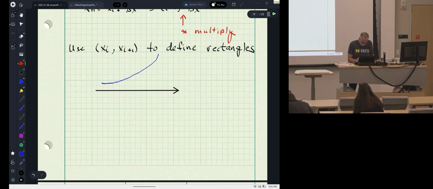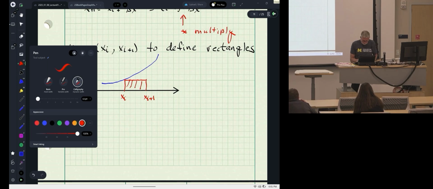But I'm going to make a rectangle from xi to xi plus 1. Okay? And this is going to be the lower approximation.